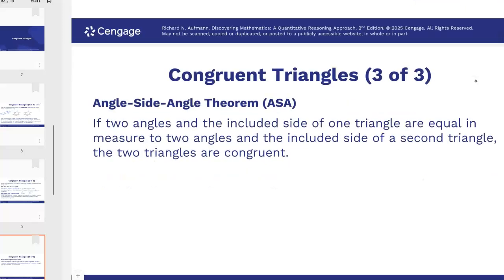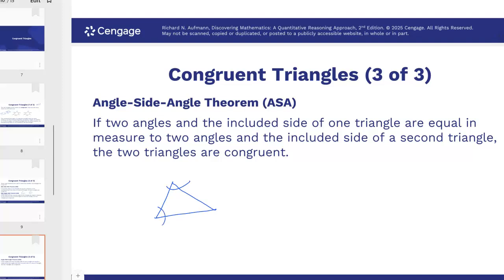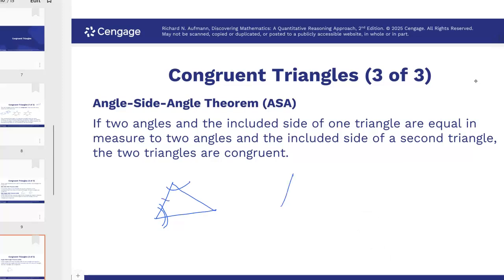And then congruent triangles that are another option is angle side angle, which means I have these two angles, and they may not be the same measure, so I'm going to show that they're not the same measure necessarily here, and then I'm looking at this side in between.